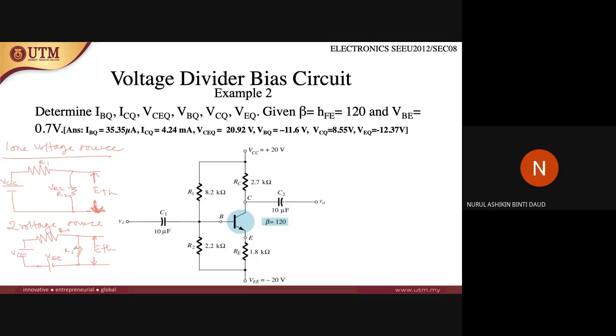For us to find ETH, for this, it will be VR2, just now, VCC times R2 over R1 plus R2, right?